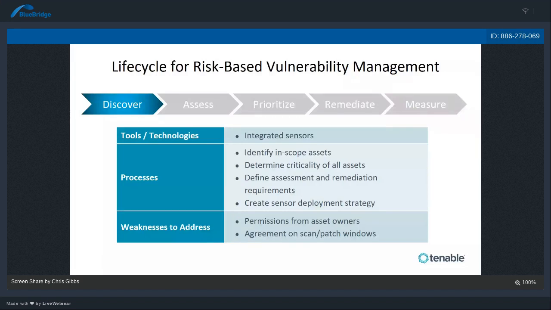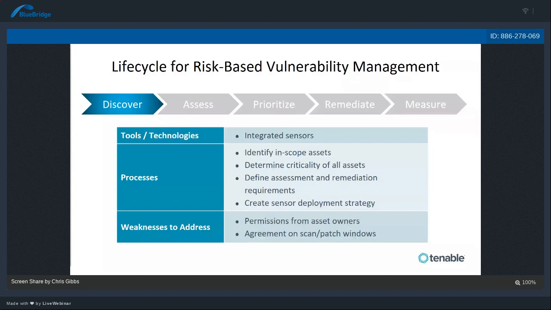Now, in terms of the processes around this, we have to think about, like I said, what's in scope. What assets do you want to be scanning? And hopefully you have a good idea of that already. But it's important to understand that the scope is a starting point.